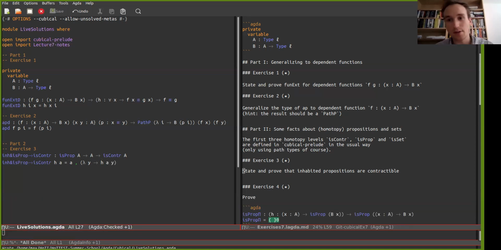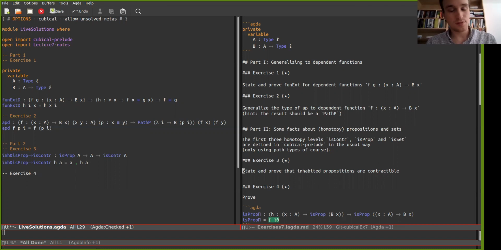And someone wrote in the chat that, of course, modulo eta rules, this is just H of A. So H of A is a function that takes in any element of A and gives a path from A to that element. Okay, let's just move on.